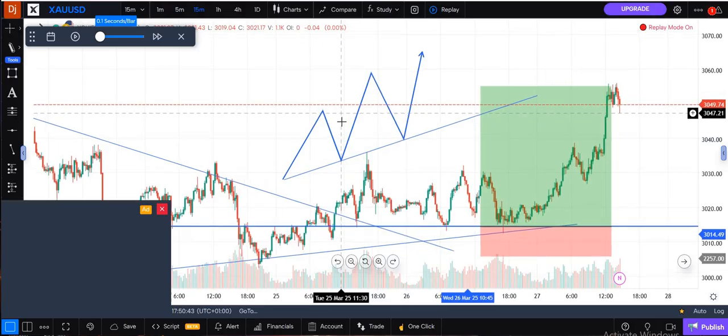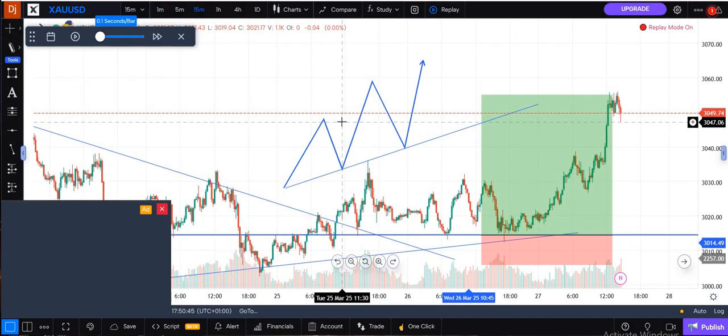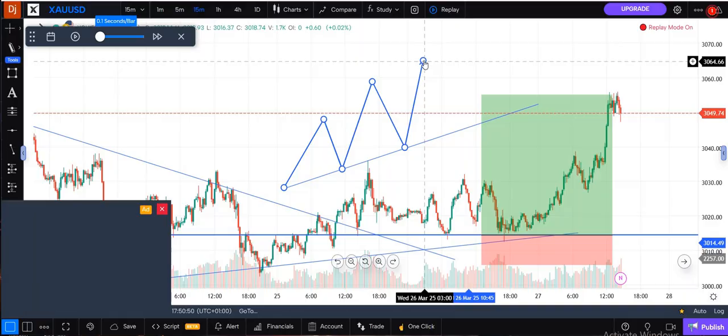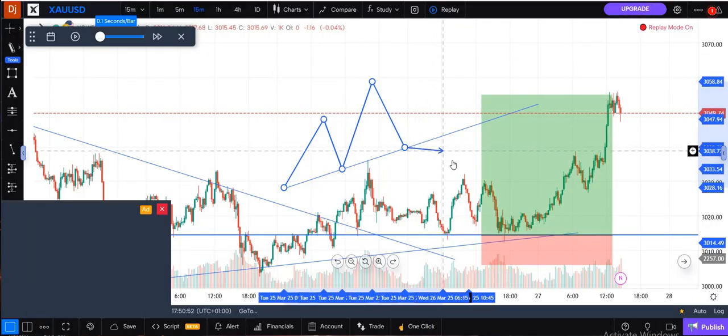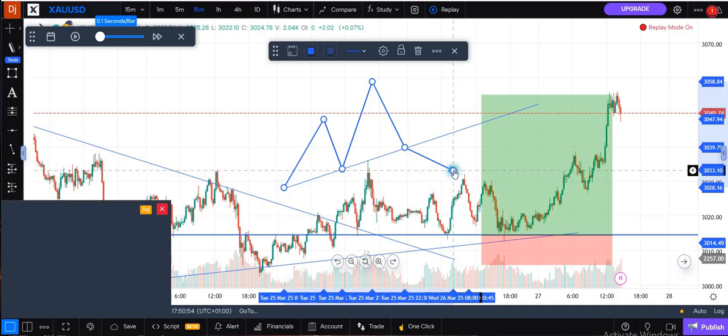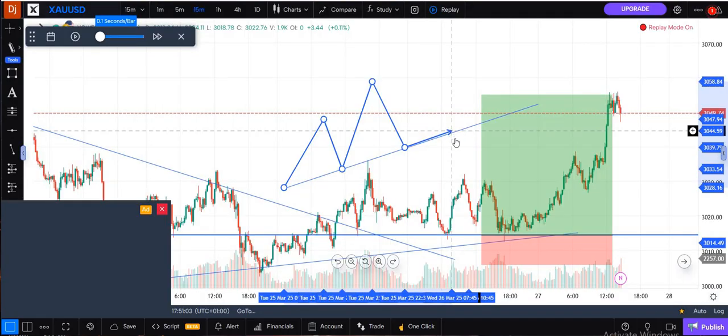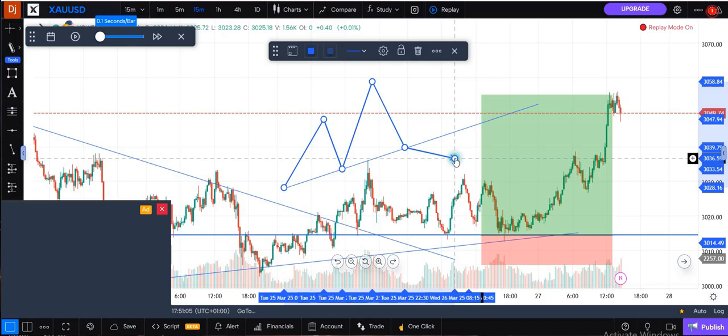So the reason why I specifically like breakouts and retests is that whenever the market were to break below the trend line or whatever and comes back to retest it, the market generally changes direction.